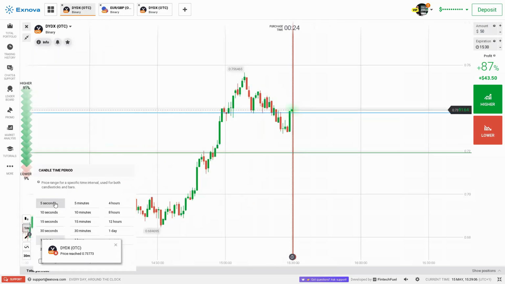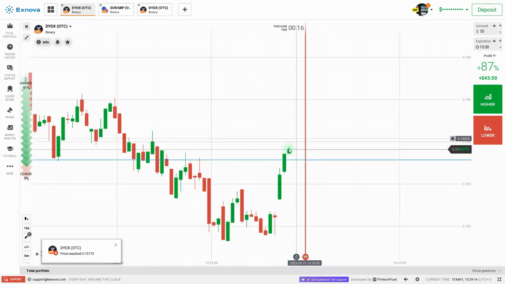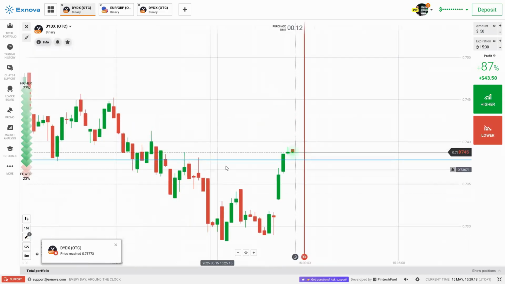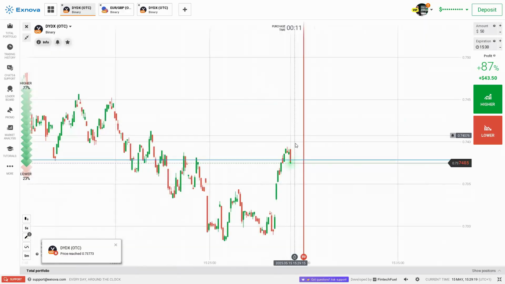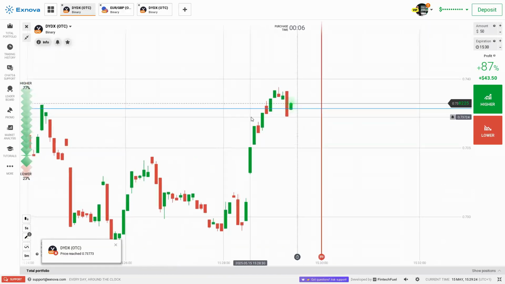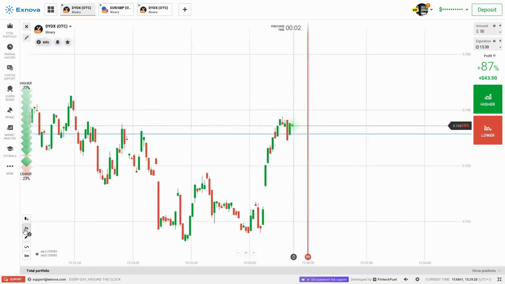Maybe let's say 15 seconds failure. 15 seconds failure might be too much. Let me just say maybe a 5 seconds failure pattern. Okay, this is already a failure, but I don't think it looks strong.